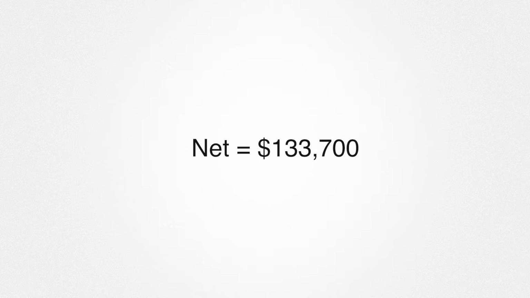Answer, $133,700. Net proceeds is just a subtraction question. Start with the sale price, then subtract every seller expense you're given, the commission, the payoff, and the closing costs. If you see a payoff, expect the net to drop a lot. Let's go to the next question.